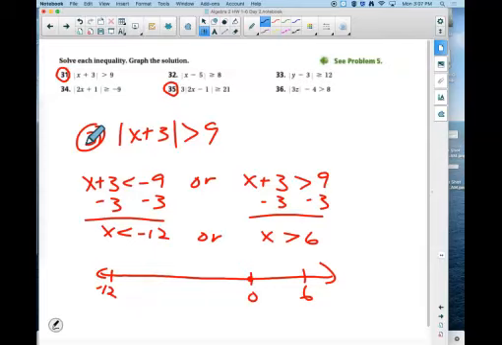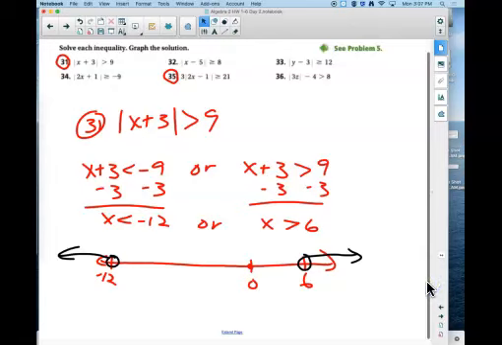So we'll need an open dot at negative 12, since that doesn't have an equals bar, and we'll shade to the extreme, so going way down to the negatives on the number line. And then open dot at 6, and shade to the right forever. So that's number 31.